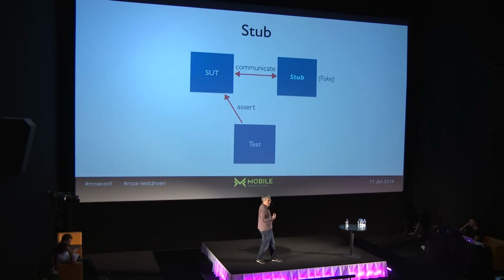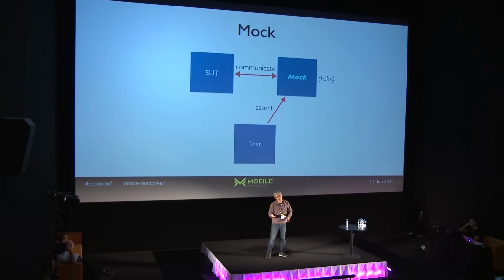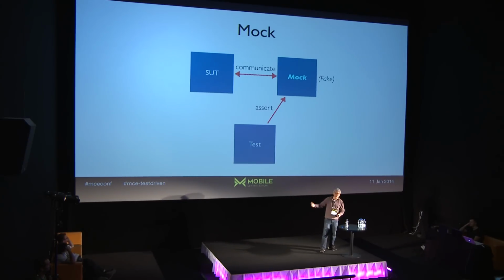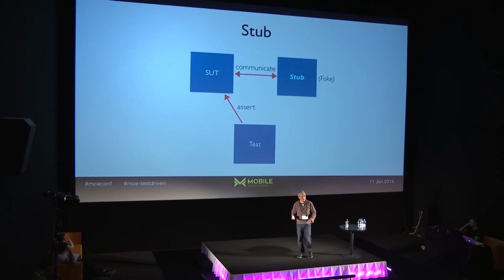The test can then ask the SUT, okay, I expect your state to be this or that, all right? As opposed to a mock. In the mock, the SUT is communicating with the fake object, but then the test runs around to the fake cook and says, did you get the order the way I expected you to get the order? So the difference between these two is which way the test is pointing.